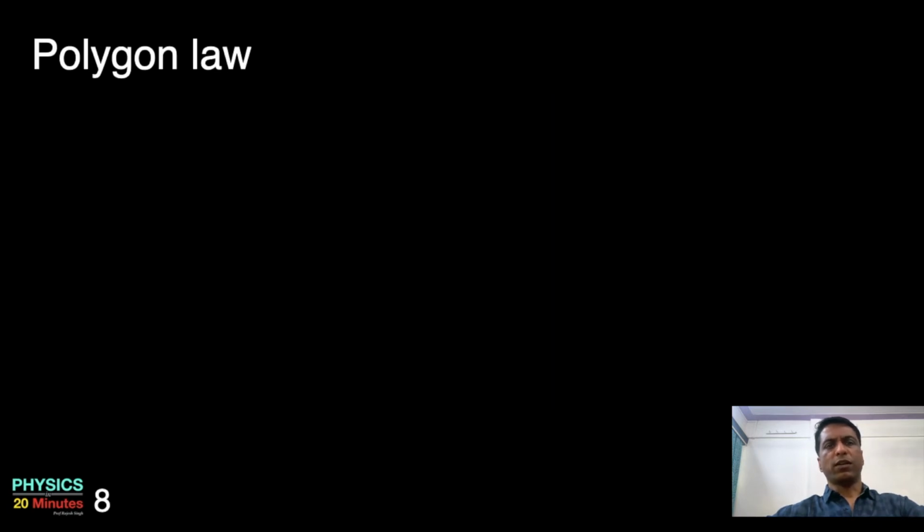What will happen if there are more than two vectors? So in this drawing I have a number of vectors.